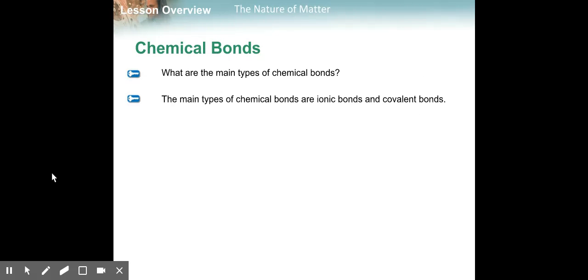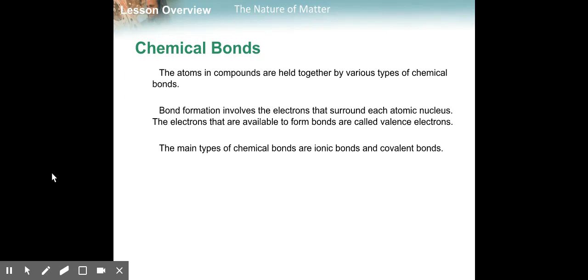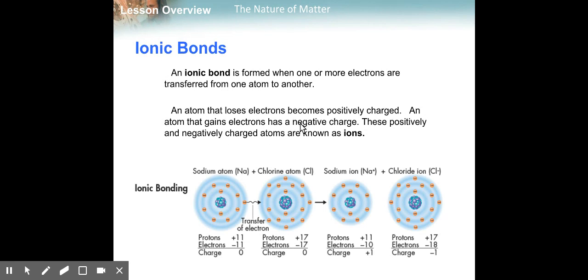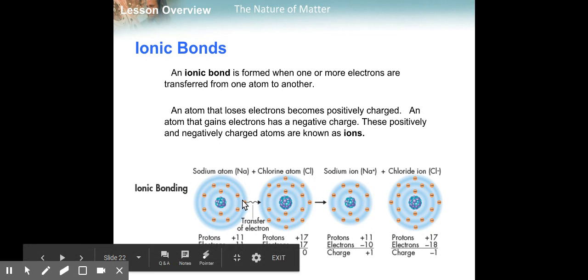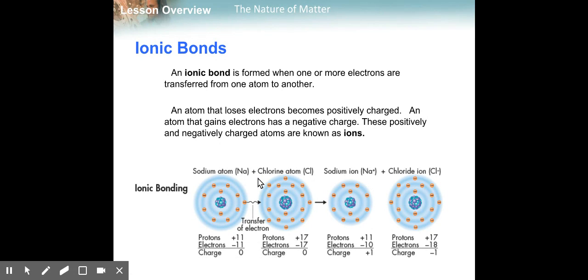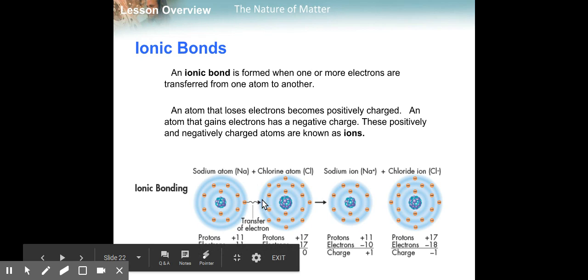Chemical bonds. Hopefully you've heard of ionic and covalent bonds before. Valence electrons. Those are the electrons that are able to form bonds. So an ionic bond, electrons are transferred from one atom to another. So in a salt molecule, the electrons are going to go from the sodium to the chloride ion.